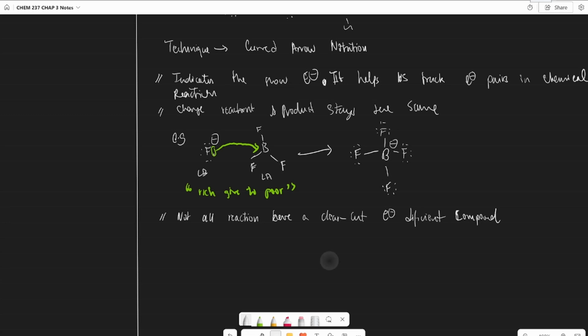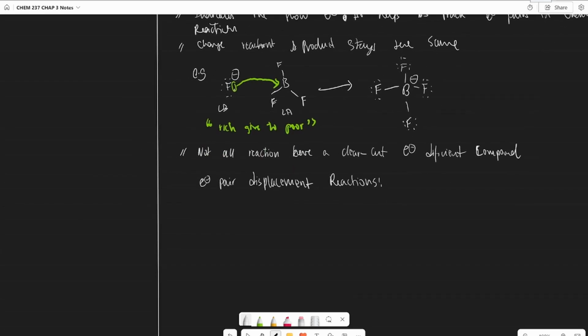These reactions are called electron pair displacement reactions, and we're going to cover them.